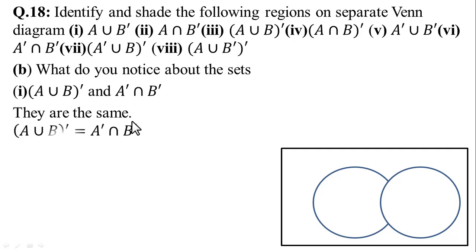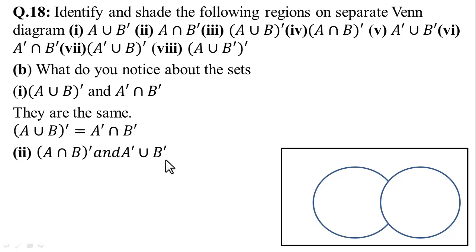Now in B part, we can see that A union B whole complement is equal to A prime intersection B prime. This is the answer of the first part. They are same and they are equal according to De Morgan's law. Now in the second part, A intersection B whole prime and A prime union B prime.